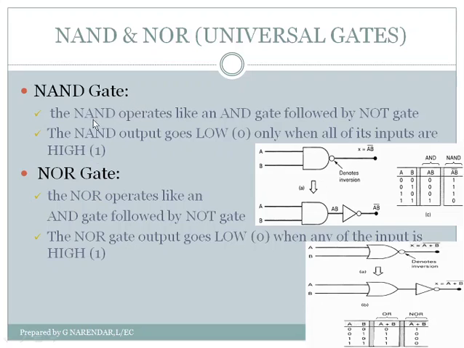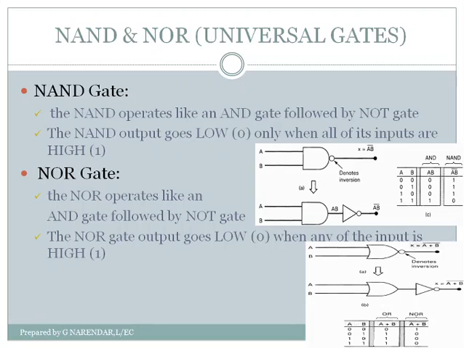The name NAND comes from combining the operations of NOT plus AND. Exactly, the NAND operates like an AND gate followed by a NOT gate. That means on given two variables, we perform the AND operation first, and on the result we perform the NOT operation.